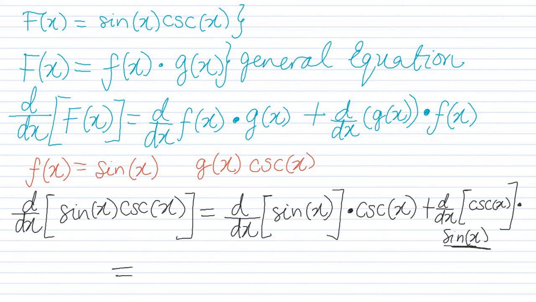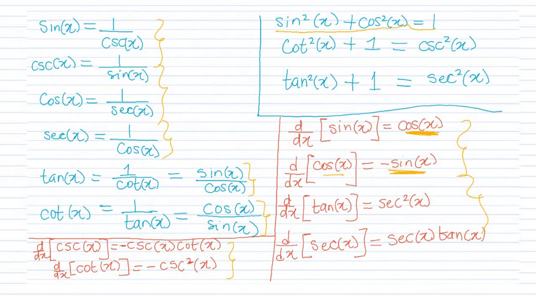Now let's go back to the first part of the first screen that we had at the beginning of this video. You can see here that I have the derivatives in red. Everything that is a derivative is red, like the derivative of sine x, cosine x, tan x, secant x, cosecant x, and the derivative of cotangent x.